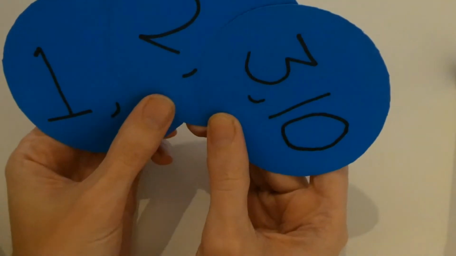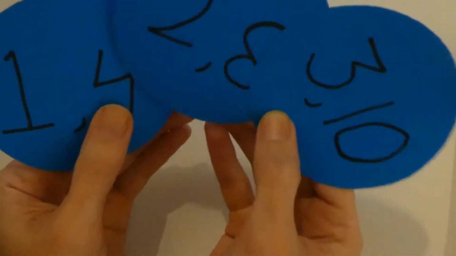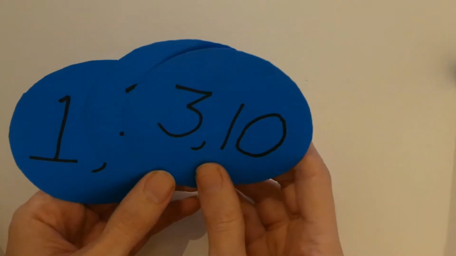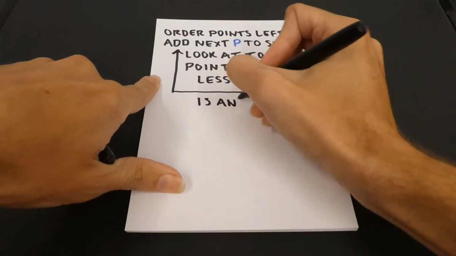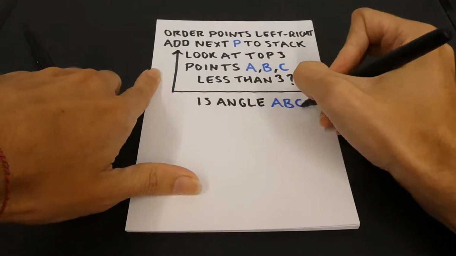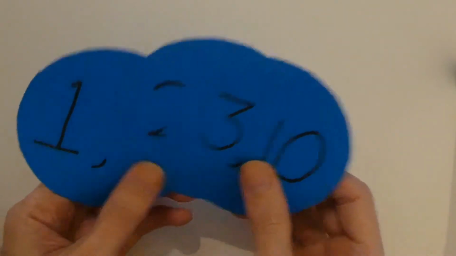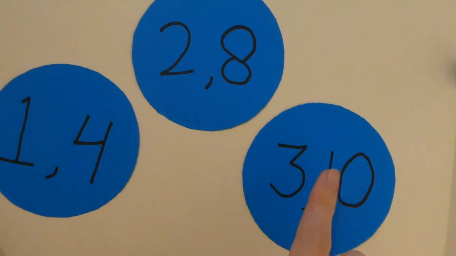So if there are 3 points on the top of my stack, I can simply test whether the angle between those 3 points is turning right or left. If this angle is turning right, then everything is fine.